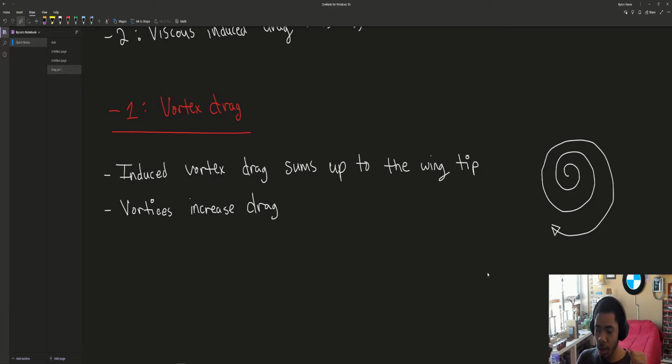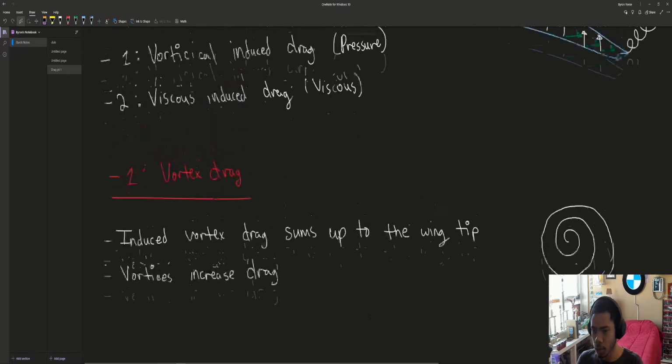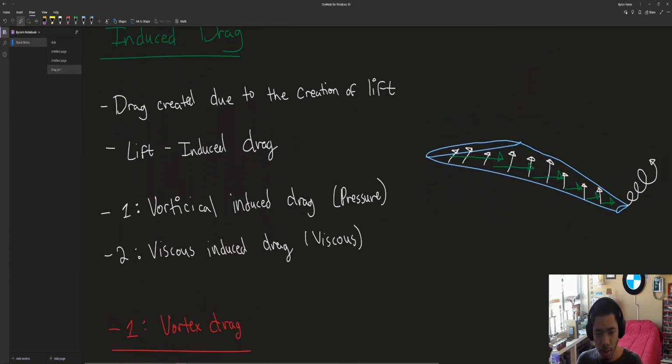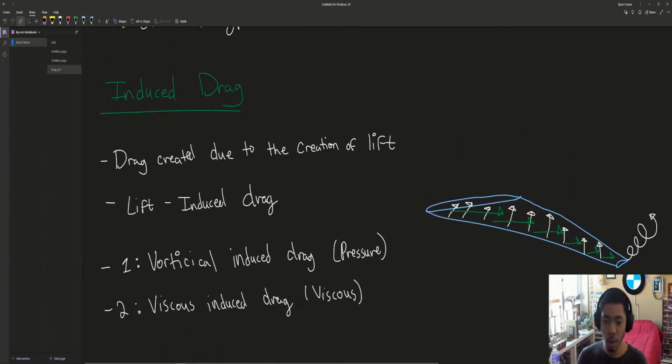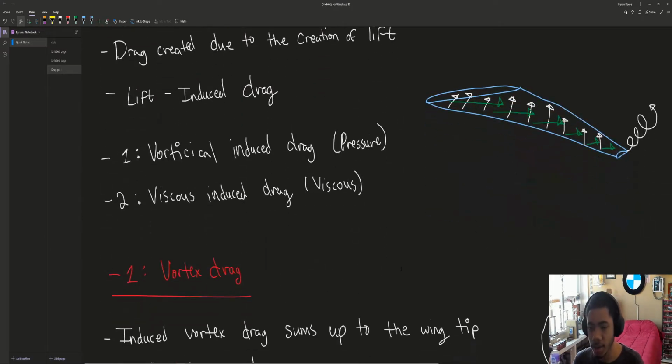Therefore, the horizontal velocity is slower, and therefore the velocity is moving slower out of this control volume, you could say. And because of that, we get a pressure gradient caused at the wingtips. And this pressure gradient is caused by the lift occurring, and it adds on to the drag that we were going to see.